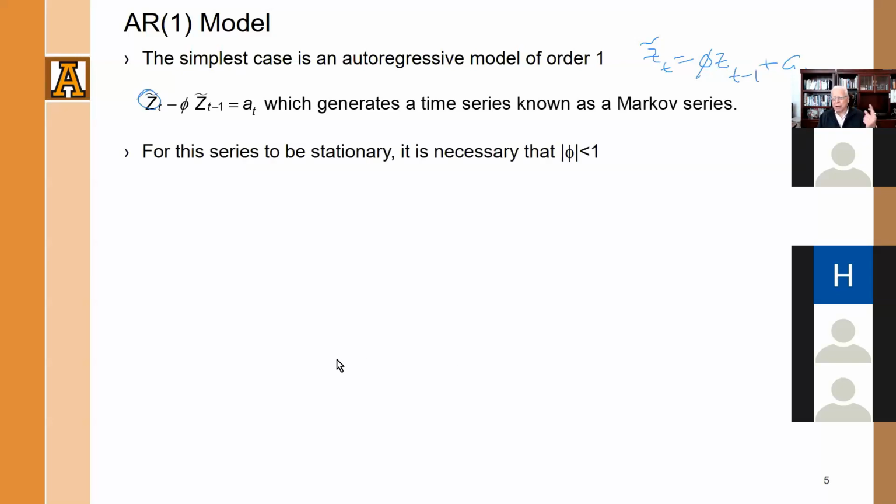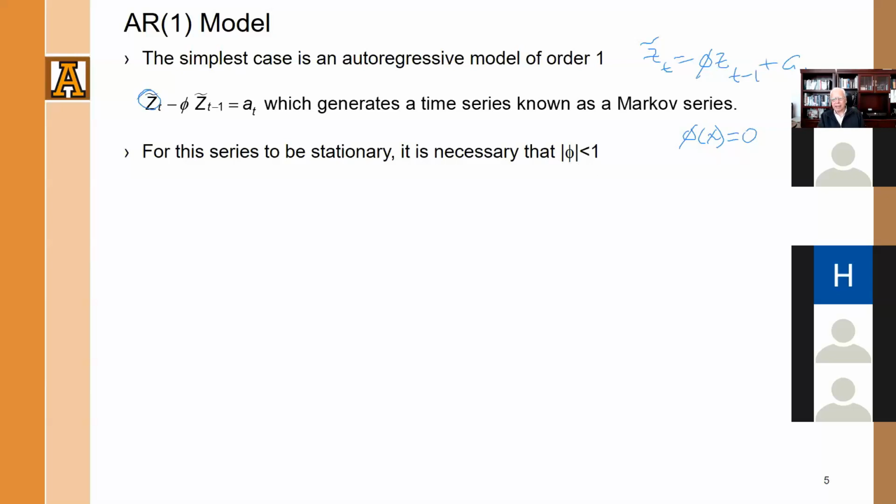Now, in this case, we only have one parameter. So the characteristic equation phi of x equal to 0 has only one parameter, one phi there. And all we need for this is that the root of this polynomial lies outside the unit circle. In other words, phi needs to be less than 1 in absolute value.